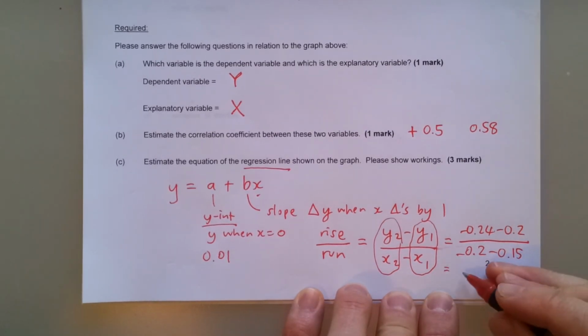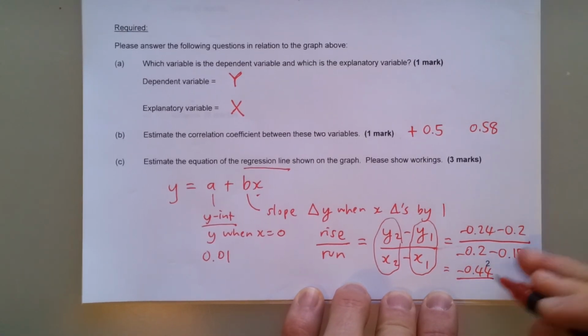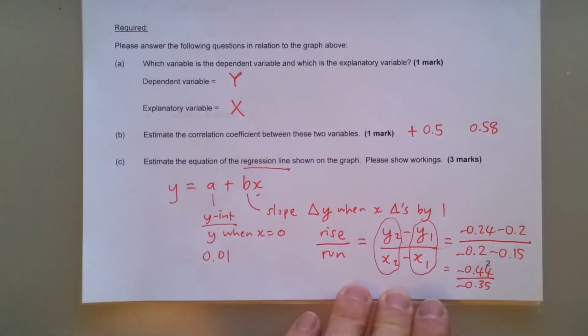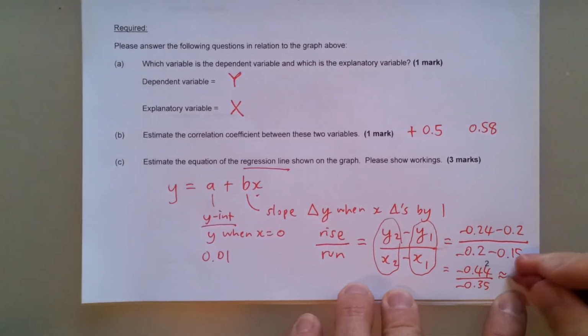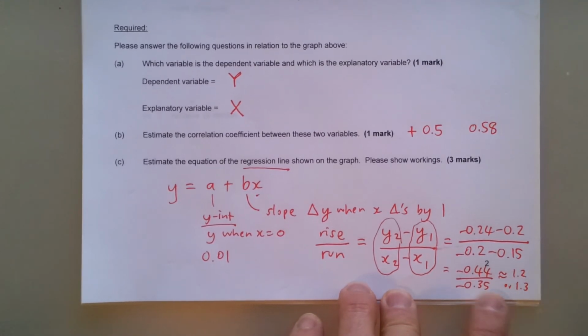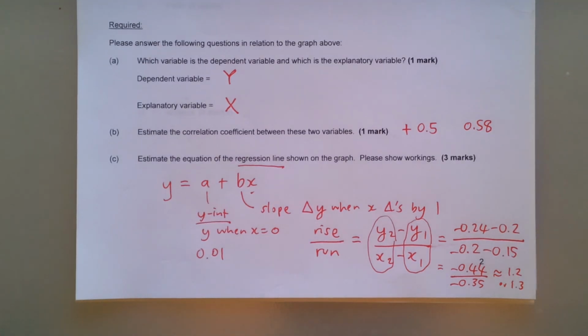Just simplifying that, it's equal to negative 0.44 divided by negative 0.35. I don't know exactly what that is, but it's roughly 1.2 or 1.3. And seeing as we're only estimating, I'm not too fussed which of those it is.